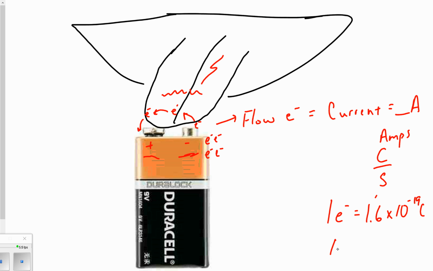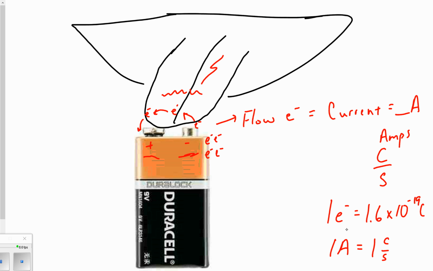So if you saw a current flow of 1 amp, that means there's 1 coulomb of charge every second flowing through there. And we could grab a calculator very easily and go 1 divided by 1.6 times 10 to the negative 19, and that would actually tell you the number of electrons flowing through there.